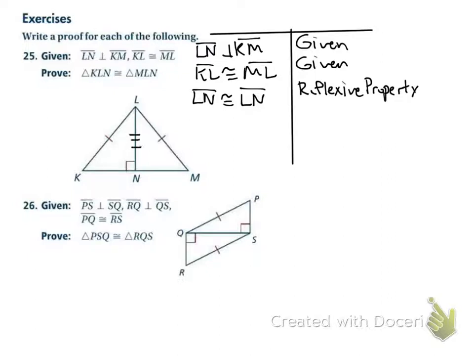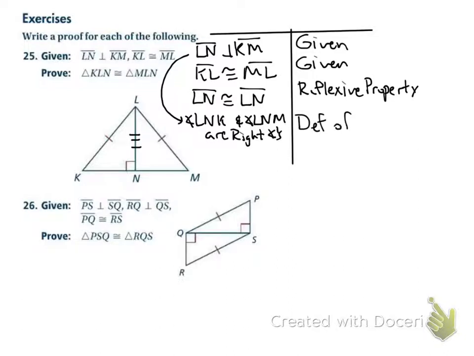Put our congruence there. Now I have that right angle at N, so from that let's say that angles LNK and LNM are right angles. We got that because it was given perpendicular, so that's the definition of perpendicular.